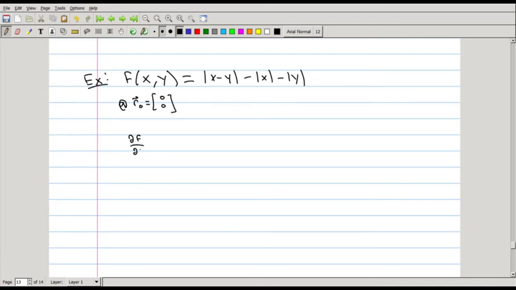So we know that partial f partial x at the point r naught is going to be the limit as delta x goes to 0 of f of x naught plus delta x, in this case 0 plus delta x, comma 0, because x naught and y naught are both 0, minus f of x naught comma y naught, which is f of 0, 0, divided by delta x.